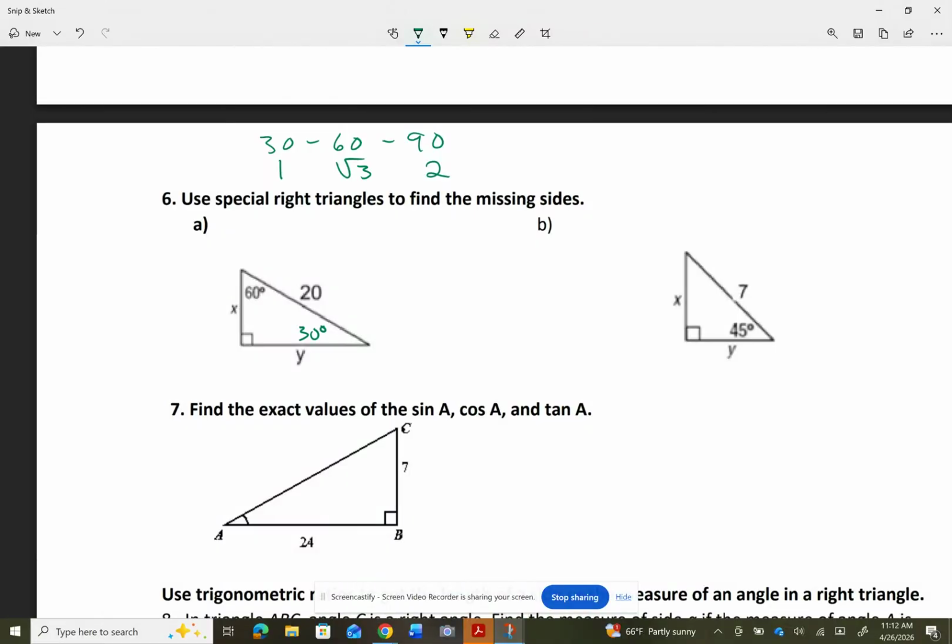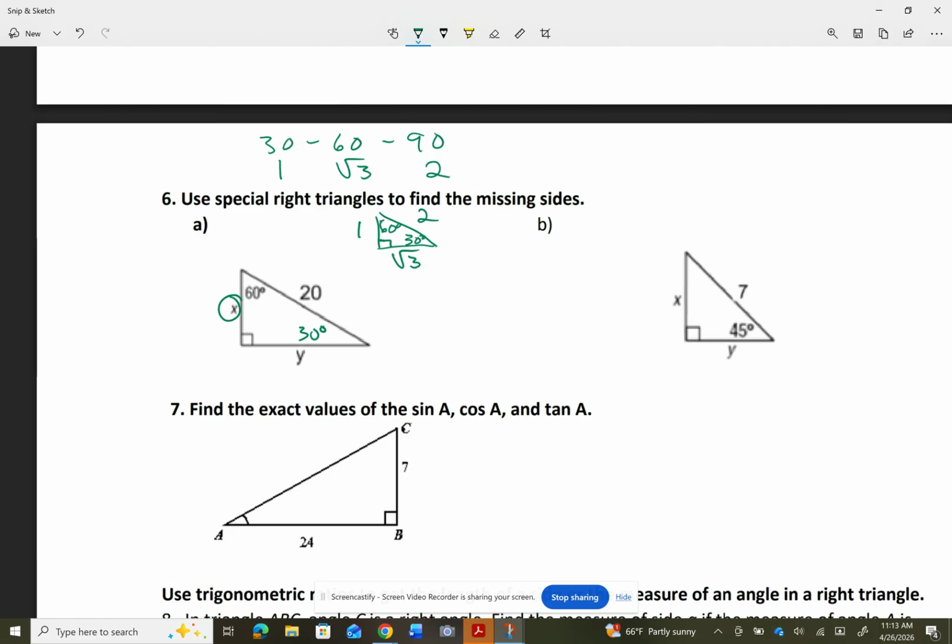So one way you could do this would be to use similar triangles and to think how the short side would be 1, the long side would be 2, and the side opposite the 60 degree angle would be square root of 3. And then what you could do is set up some proportions.